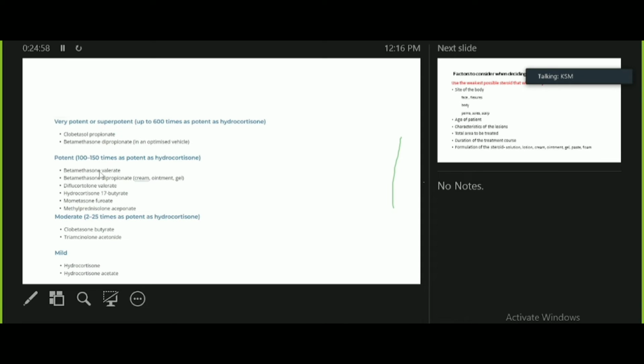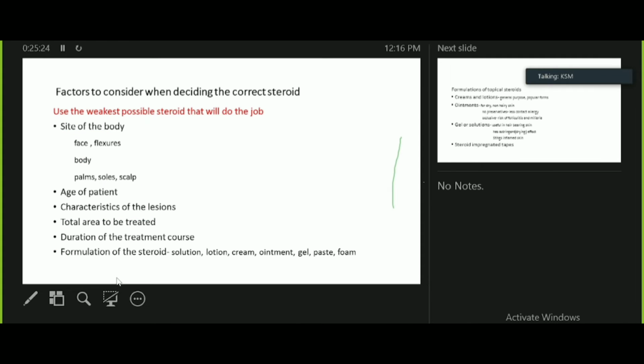The betamethasone valerate group is 100 to 150 times as potent as hydrocortisone. And the super potent clobetasol is up to 600 times as potent as hydrocortisone. So although it's 7 groups, it's 600 times more potent than the weakest steroid cream.